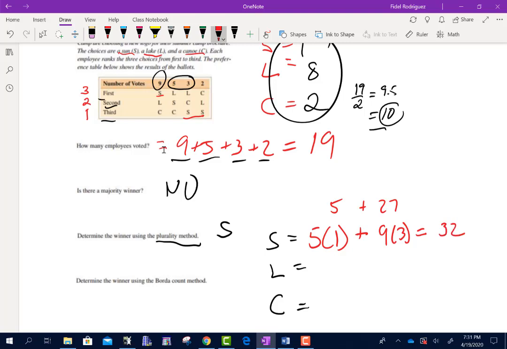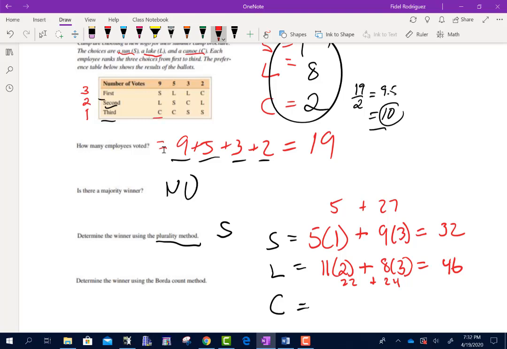Okay. Now let's do the lake. The lake had no third place votes, but they had 9 and 2, 11 second place votes, and they had 8 first place votes. So that's 22 and 24, that's 46. And I'm just going to clean up some of this mess here. We're going to do it again for the canoe.